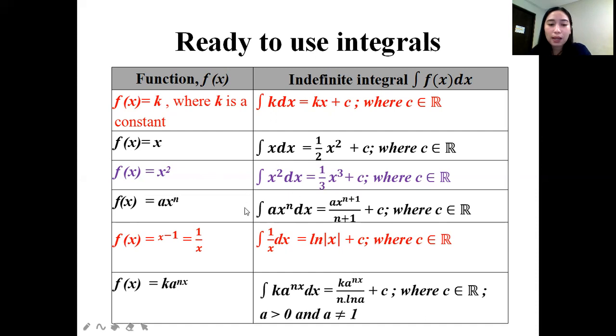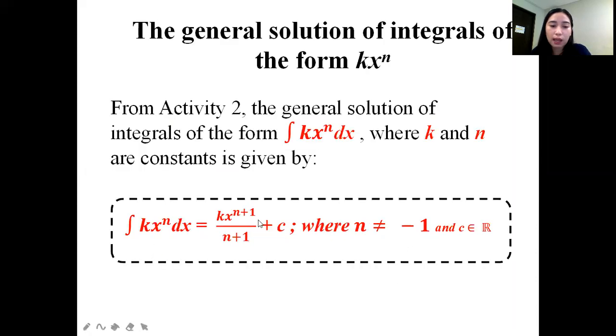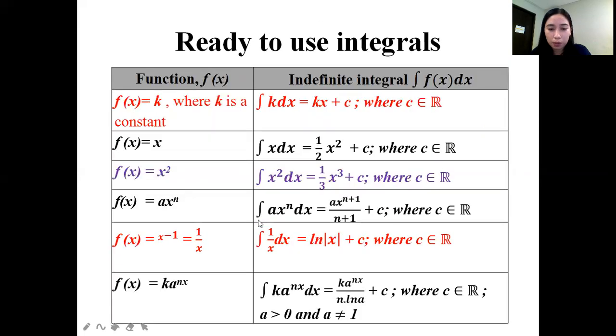So, balik ta sa ato ang formula nga integral, general formula. So, ang equivalent ani, kay kx^(n+1) over n plus 1. So, si A, kapihon lang gyapon nato si A. Kay mura naman siya og constant. Tapos, si x dayon, x to the n. So, a x^(n+1) over n plus 1 plus c, where c is any real number. So, kani ang ato ang answer.